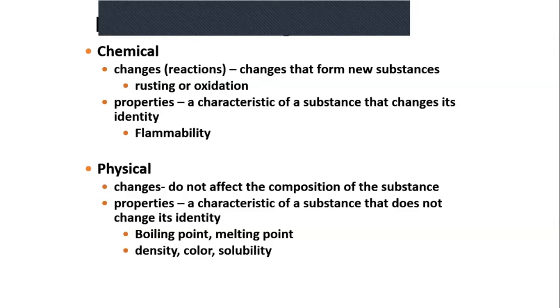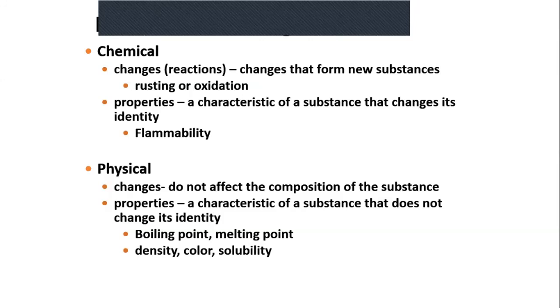That's a physical property. Copper is a reddish orange color. That's a physical property. The density of lead is a physical property. It doesn't change the identity of the substance.